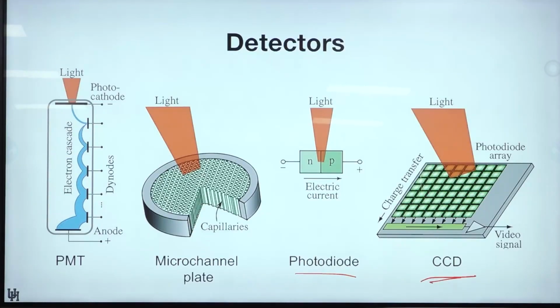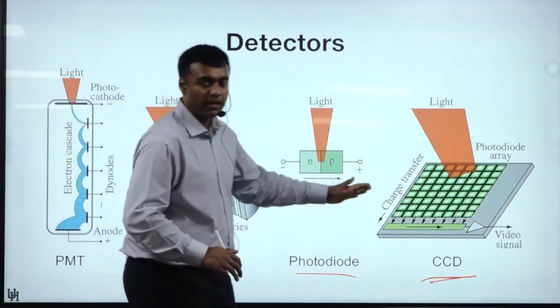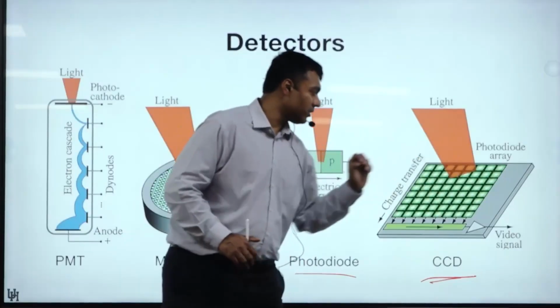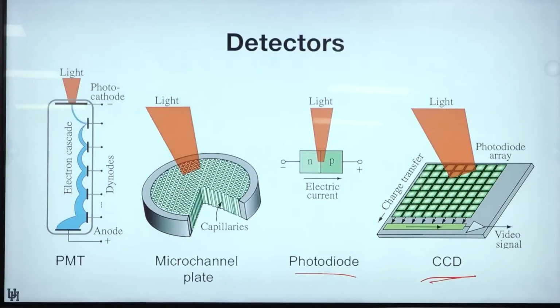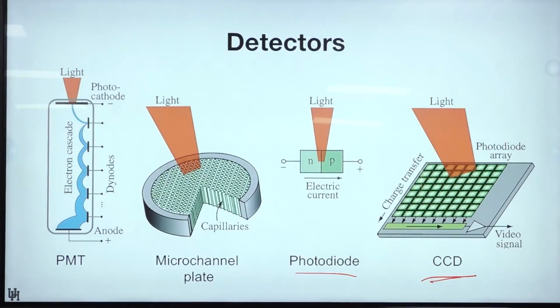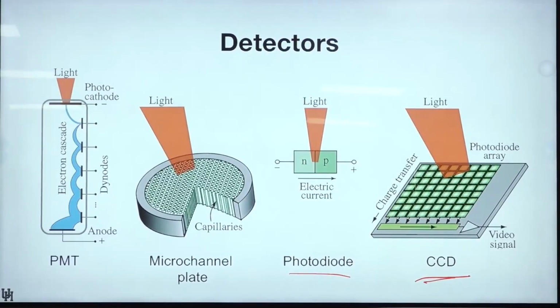You have CCDs, charge coupled devices, basically a camera array of sensors where light falls and gets converted to charges or electrons, and then you can move the electrons and read out the voltage or current in an array, in a grid. In fact it shifts and measures and so on. So basically this is like a camera.